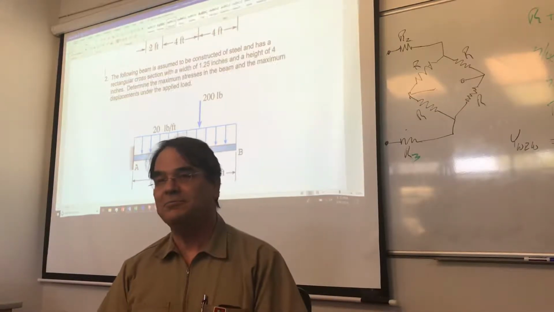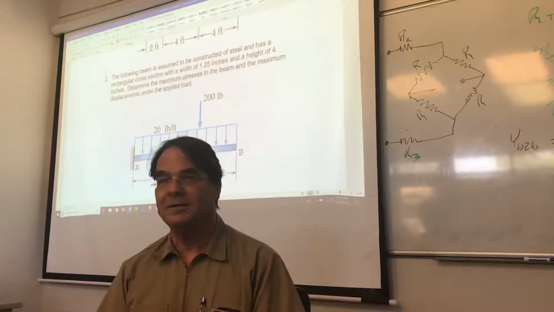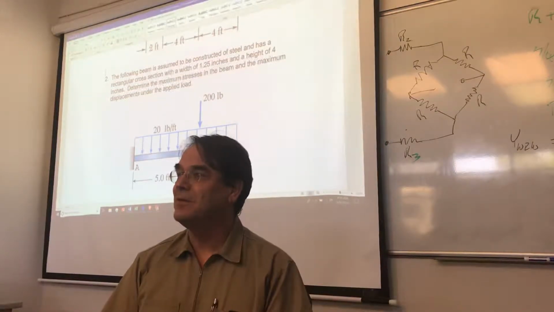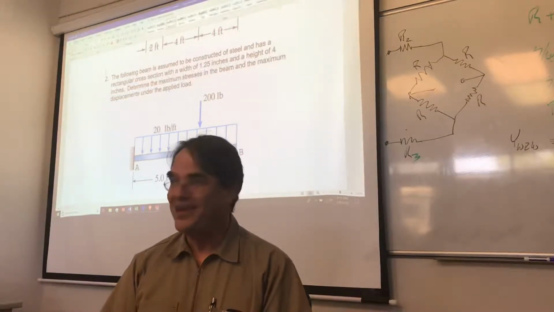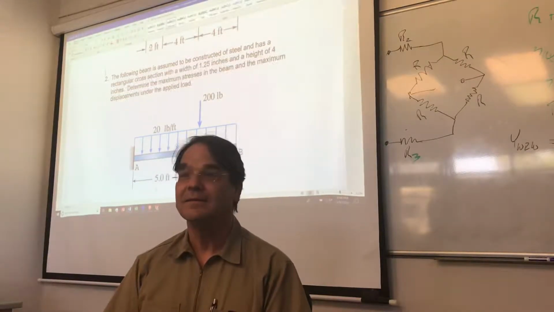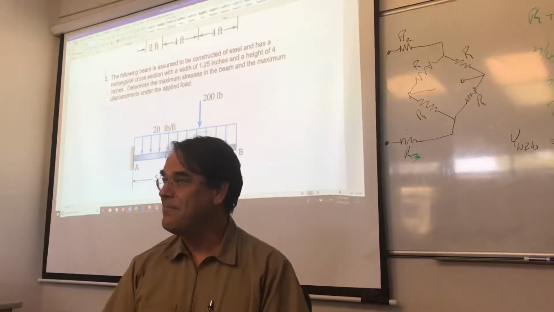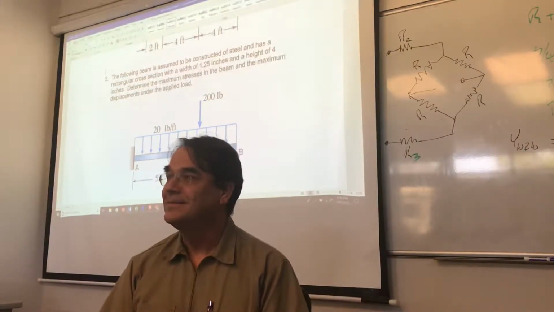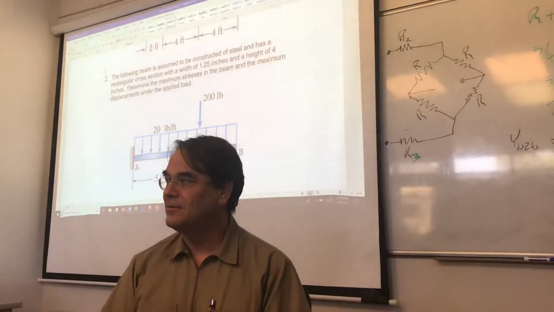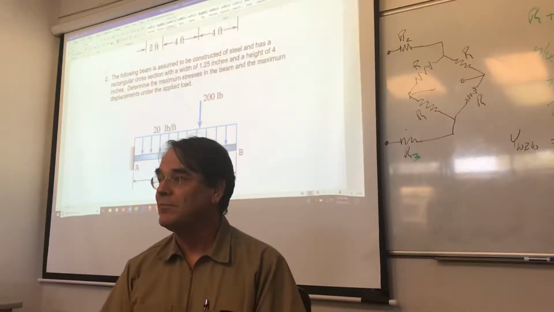I usually don't put this one in here. I usually put a different one in, but I changed it just to let some of you catch up. So you don't have to do another set of hand calculations because you've already done them. Doesn't that make sense? Okay, so we get to model this one as a beam.